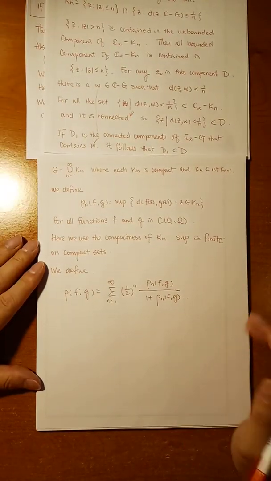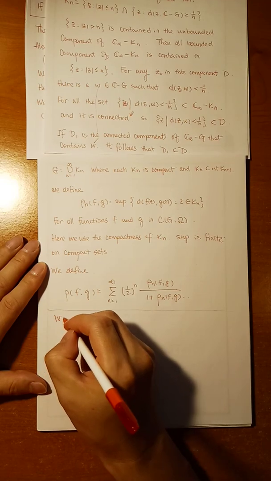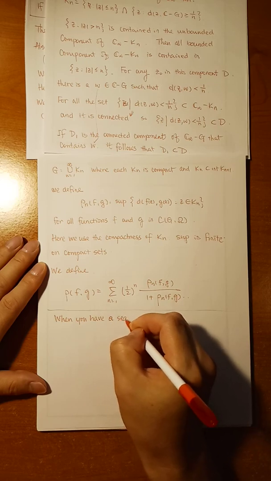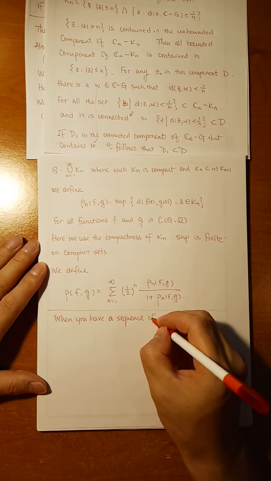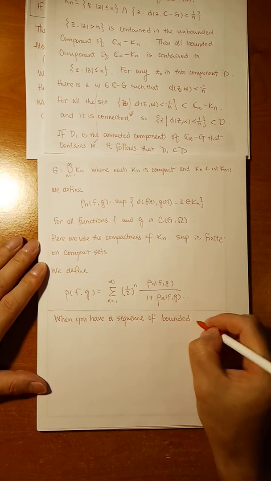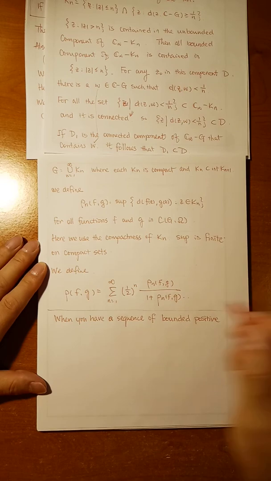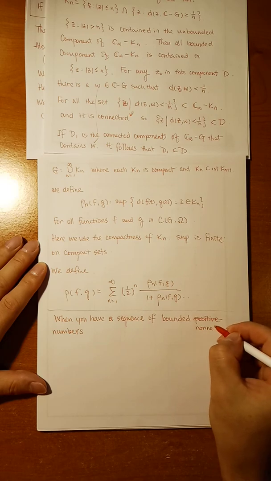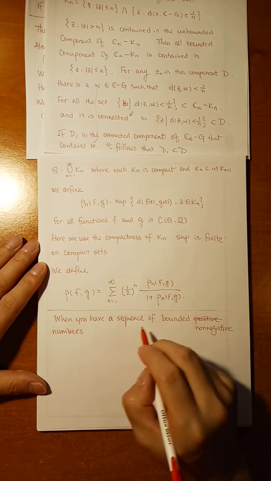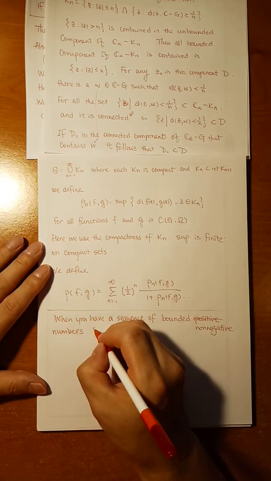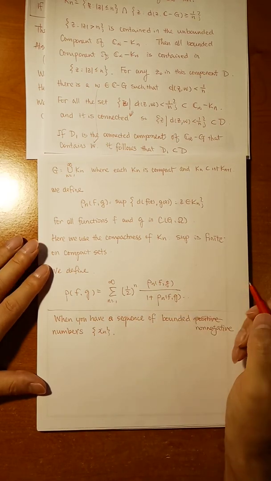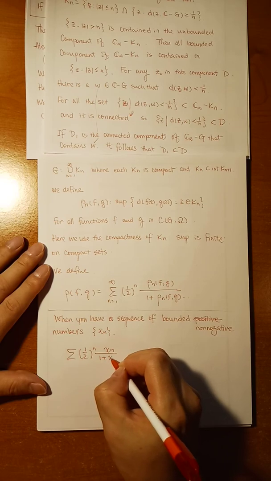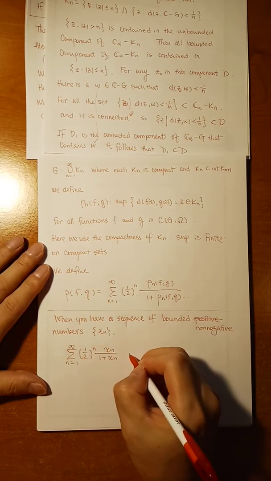When you have a sequence of bounded non-negative numbers, let's not use positive, non-negative, then the sum of (1/2) to the nth power xn over 1 plus xn, from n equals 1 to infinity, converges.